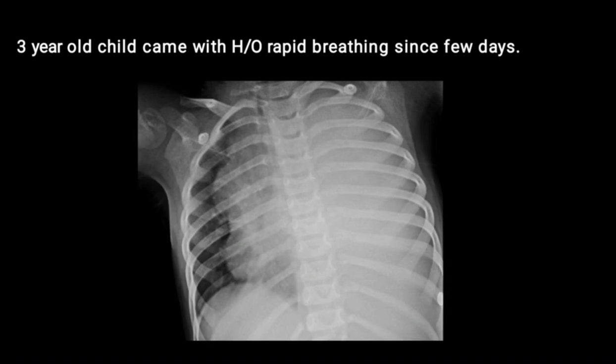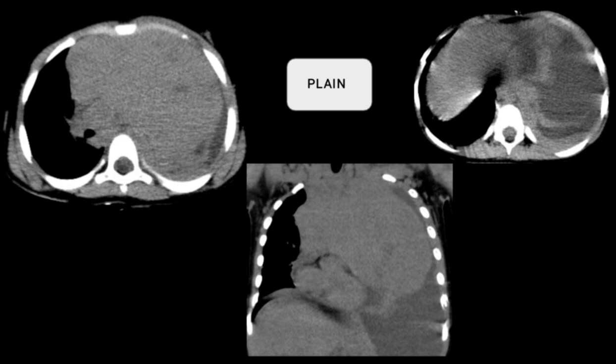So this is another case. Here we can see there is a large mediastinal lesion and the right heart border is not clearly seen. So it's an anterior mediastinal tumor. And on CECT, it showed a large lesion in the mediastinum extending to the left hemithorax, causing mass effect on the left lung.